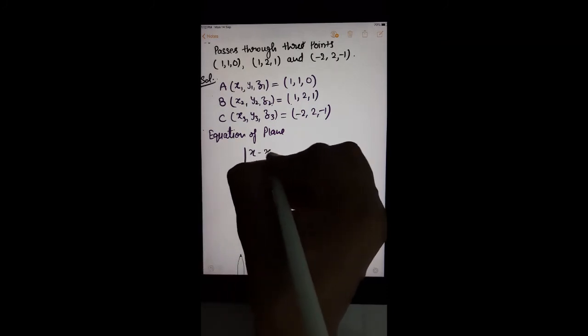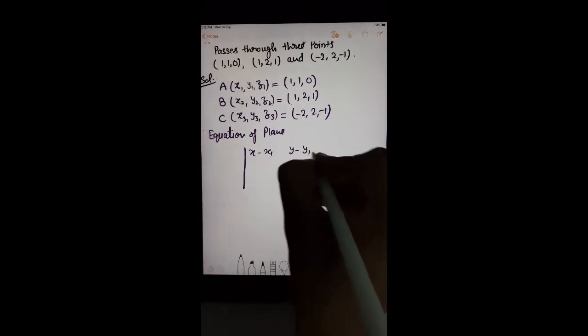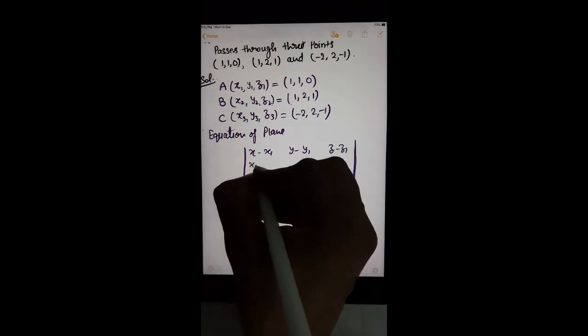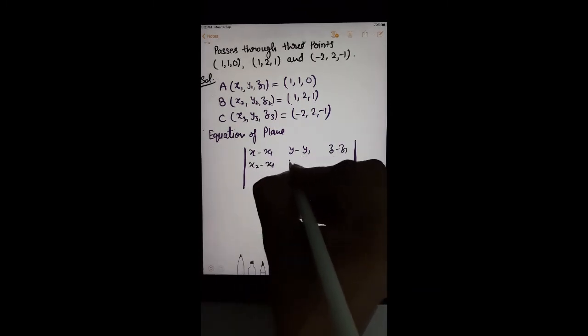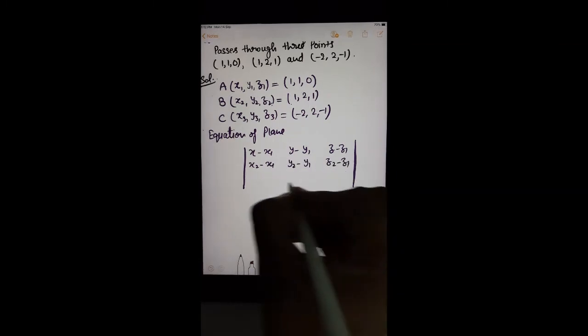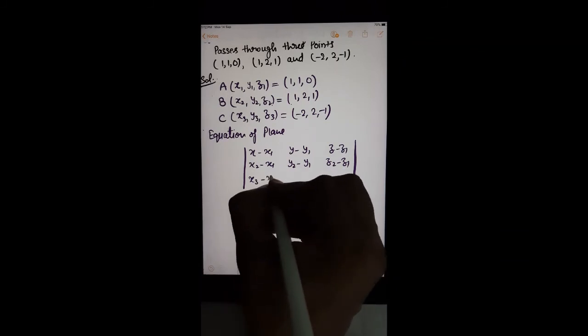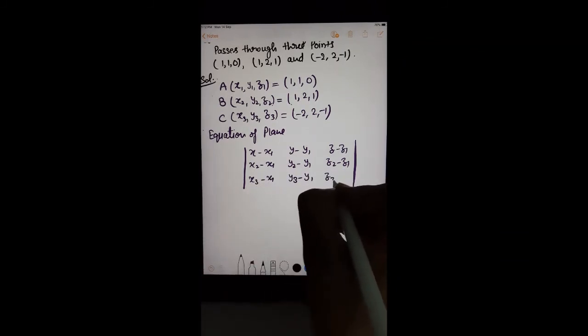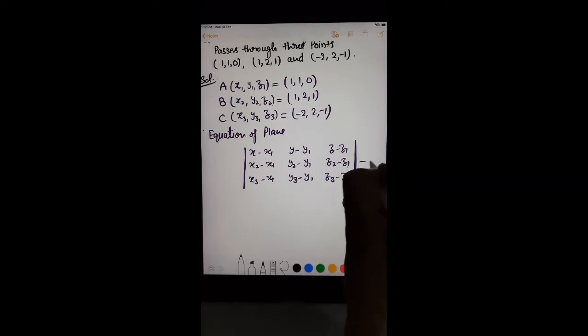The determinant with rows: x minus x1, y minus y1, z minus z1; x2 minus x1, y2 minus y1, z2 minus z1; x3 minus x1, y3 minus y1, z3 minus z1, equals 0.